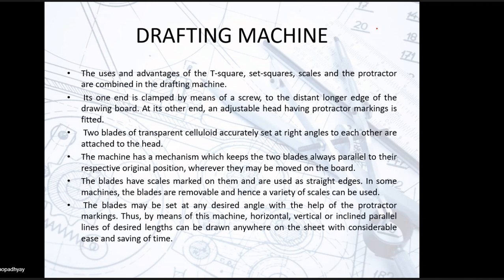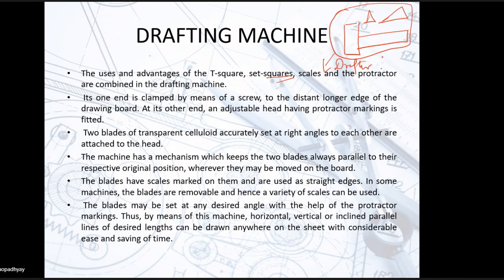Now, I have explained to you about the T-square. I have explained the use of set squares, right? Now, the advantage of the T-square and set squares can be obtained on a drafting machine. You can combine all these three things into a drafter, right?